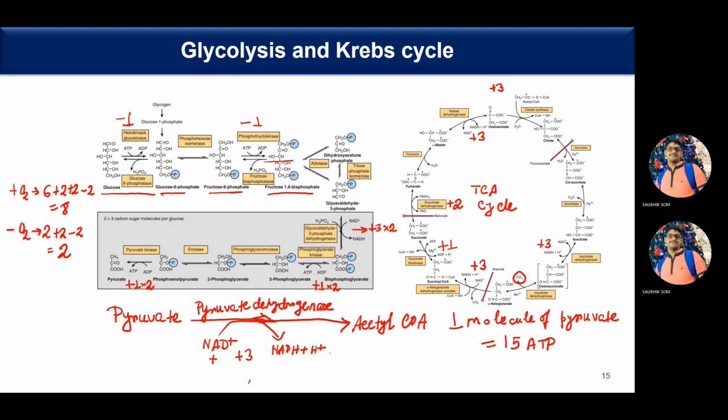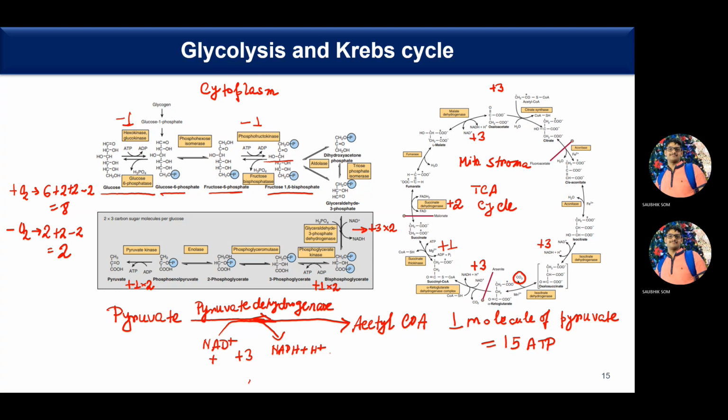And remember, glycolysis happens in the cytoplasm, whereas this happens in the mitochondrial stroma, the inner part of the mitochondria. Correct? This part.